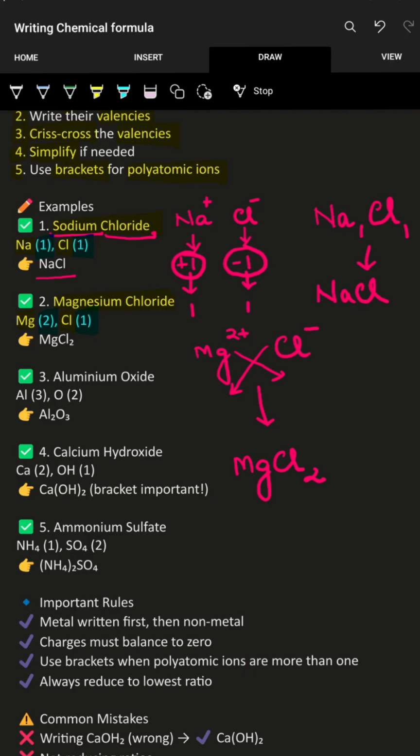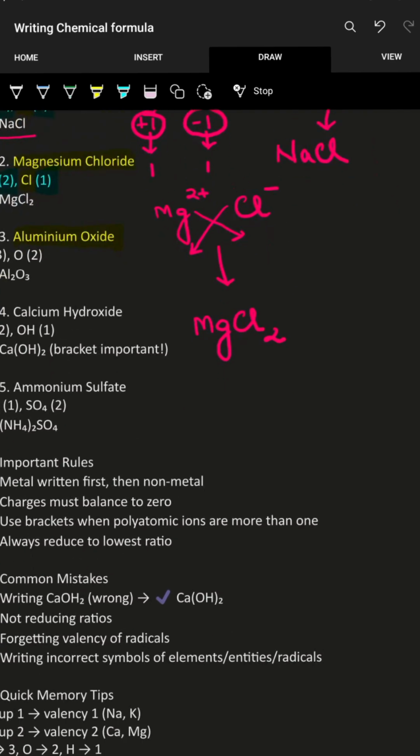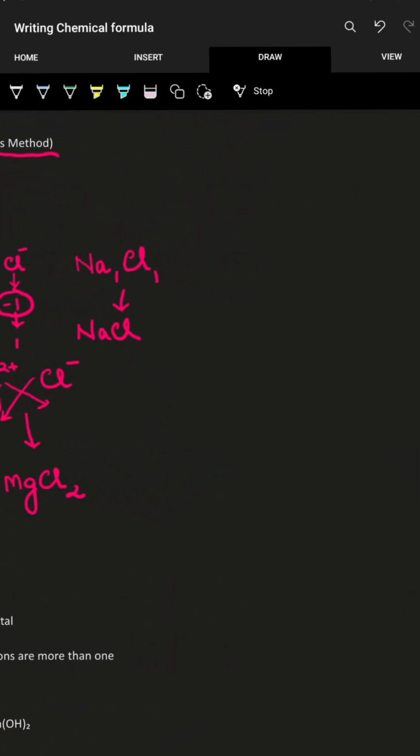Now, next one, aluminium oxide. Symbol of aluminium is Al. Symbol of oxide is, see over here. Let me show you. Symbol of aluminium Al with the charge will be 3 plus. Why? Valency of aluminium is 3.